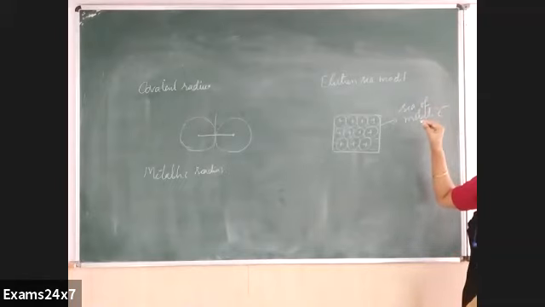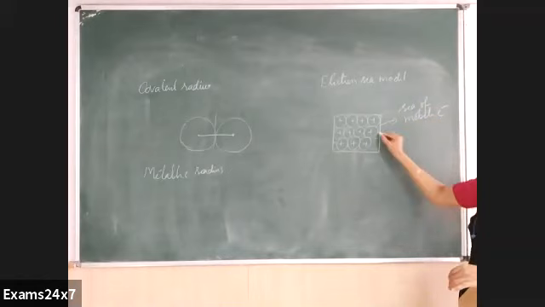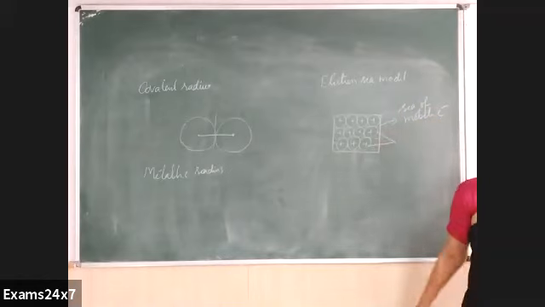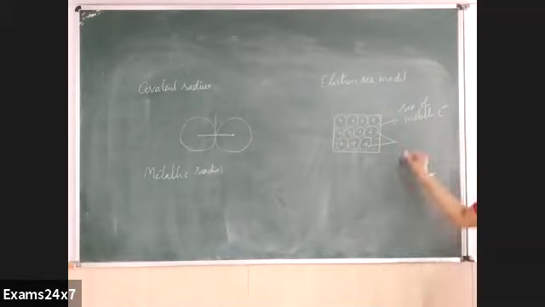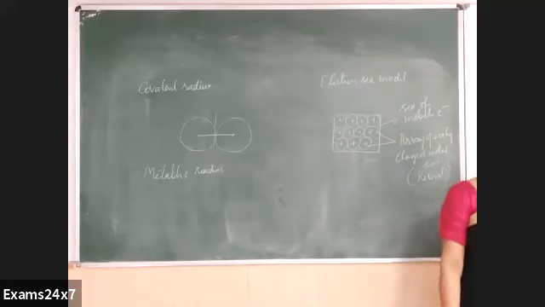Mobile means freely flowing electrons. And this definite arrangement is called an array of positively charged metal ions. It has a special name called kernel.